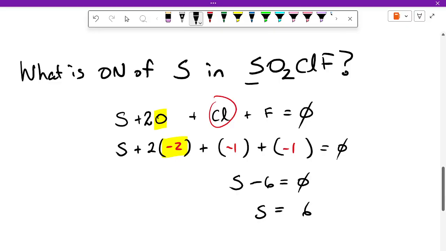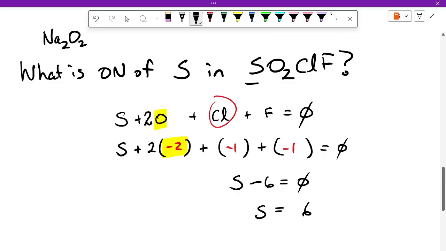Is that a correct answer? Yes, sorry. No. Oxygen is never peroxide unless it is peroxide. Okay? If you are using oxygen to find something else, it is never peroxide. The only time it's peroxide is if you have a metal and oxygen.